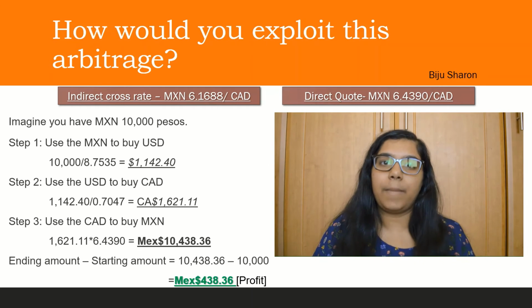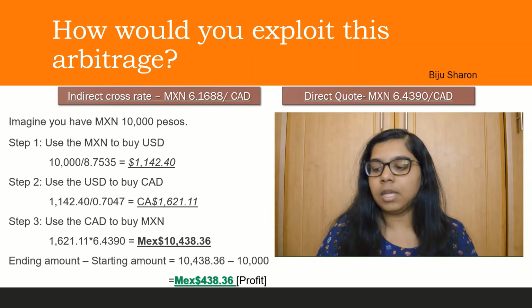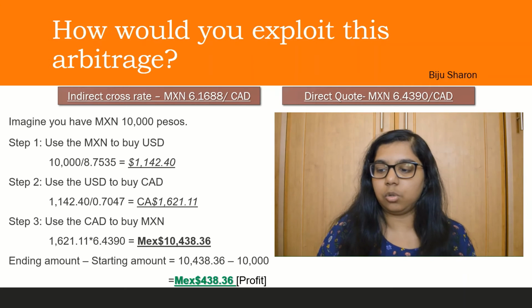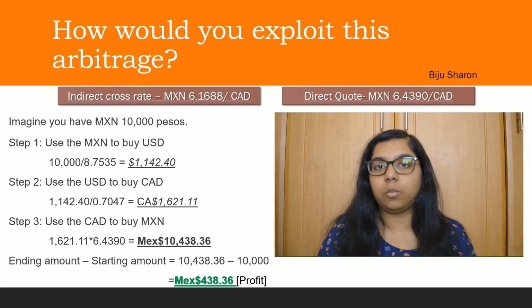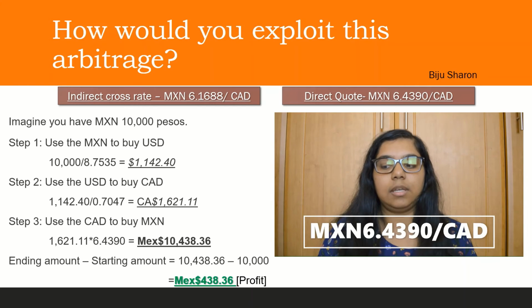The final step would be to use these Canadian dollars and buy Mexican pesos, using the direct quote rate. 1,621.11 Canadian dollars multiplied by 6.4390 gives us 10,438.6 Mexican pesos.